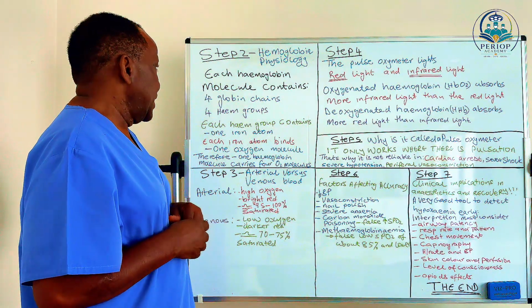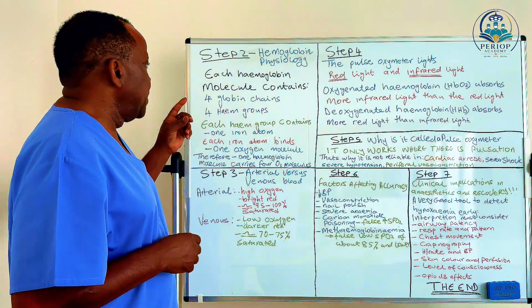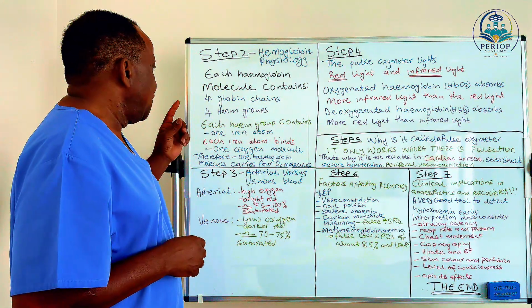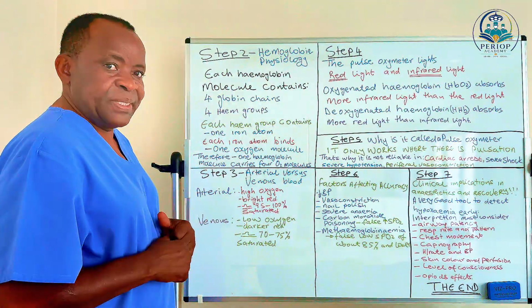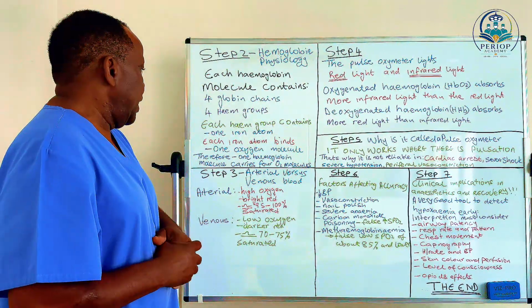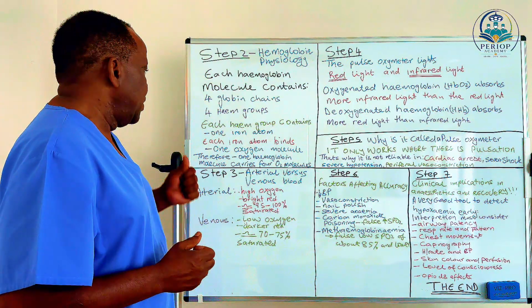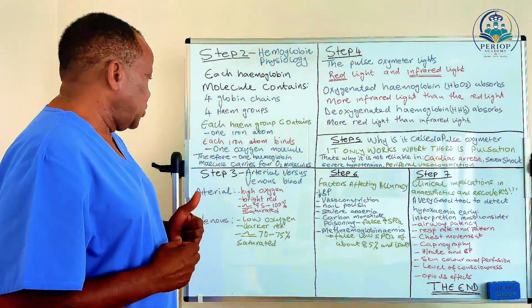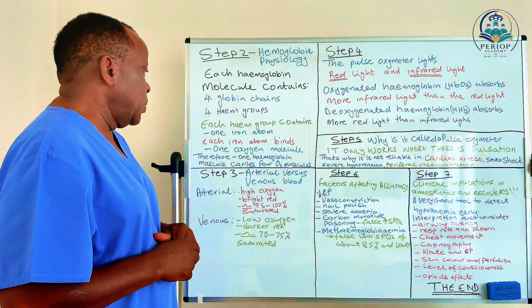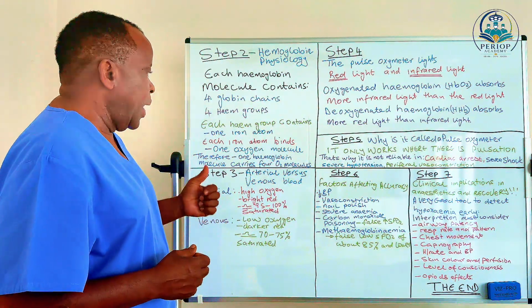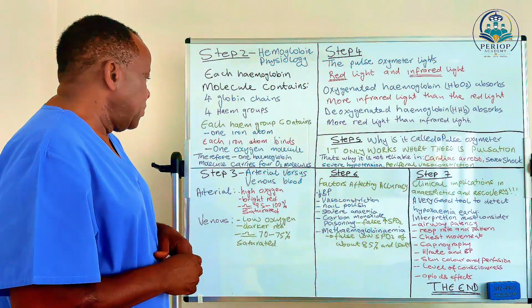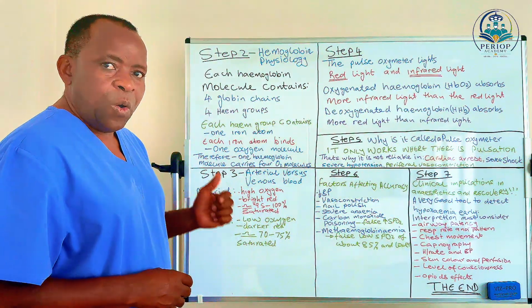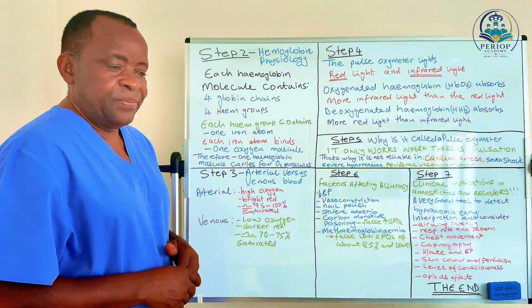Each hemoglobin molecule contains 4 hemoglobin chains and 4 heme groups. Each heme group contains 1 iron atom, and each iron atom binds to 1 oxygen molecule, and therefore 1 hemoglobin molecule carries 4 oxygen molecules.